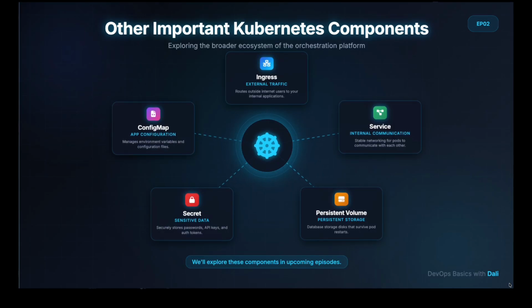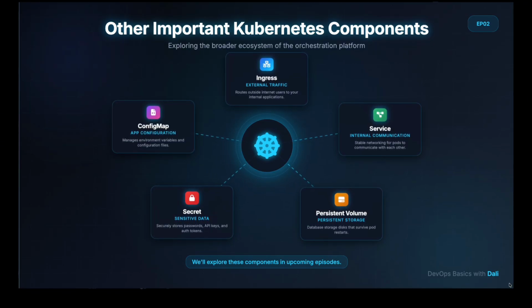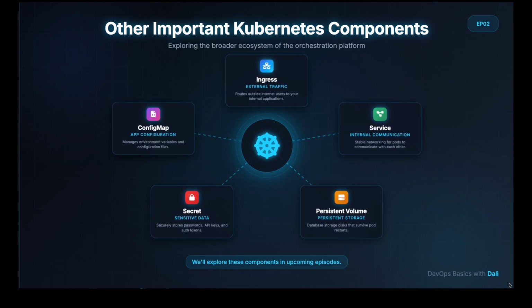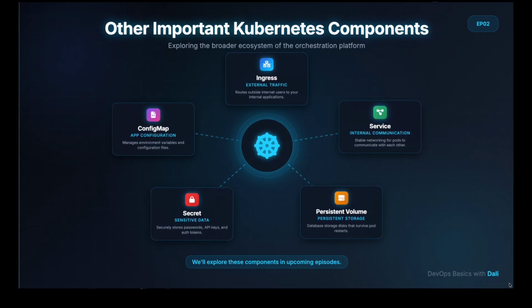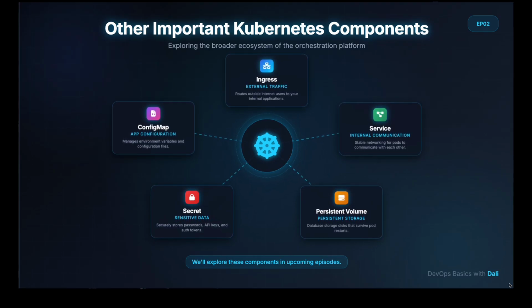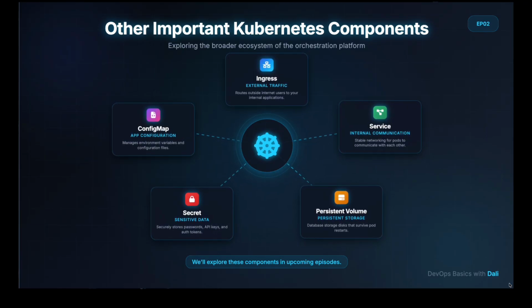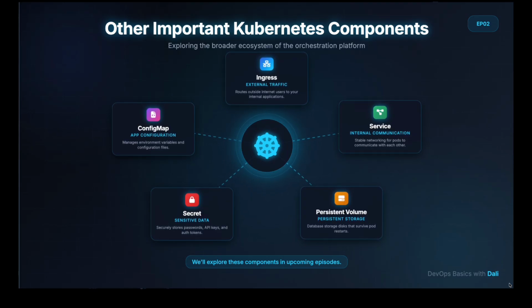As Kubernetes environments become more advanced, applications start using additional Kubernetes components beyond pods and nodes. For example, Ingress is used to expose applications to external traffic. Services allow pods to communicate internally inside the cluster. ConfigMaps help manage application configuration, like environment variables and application settings.